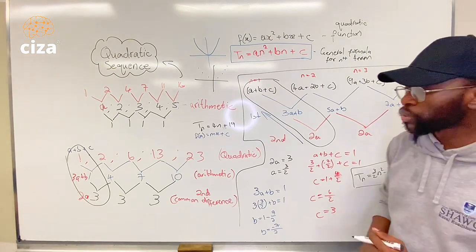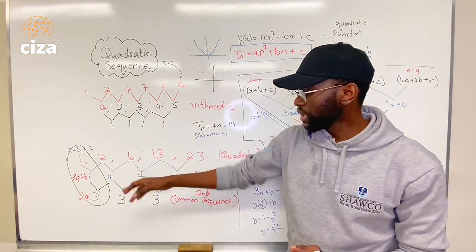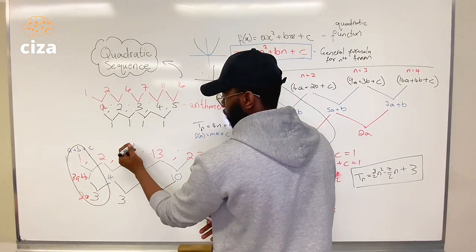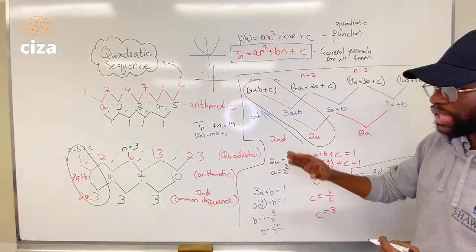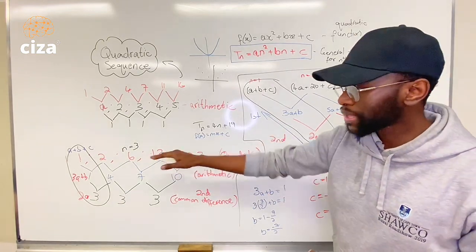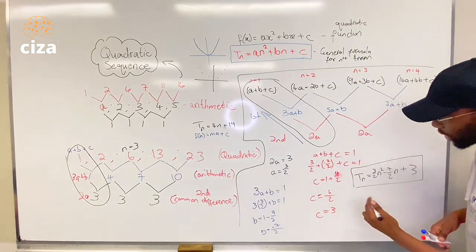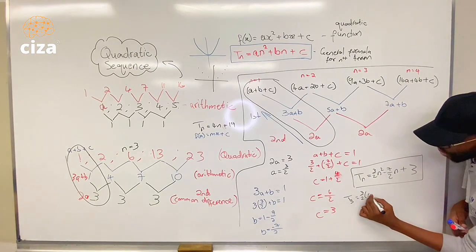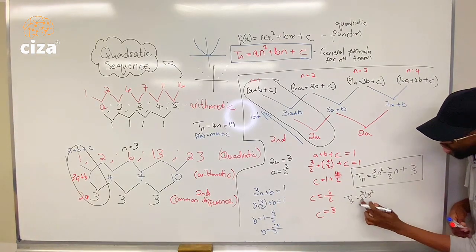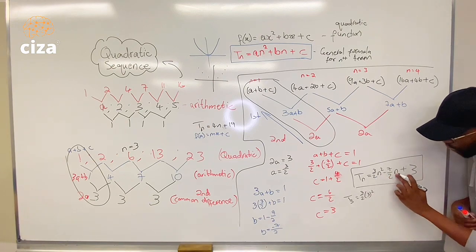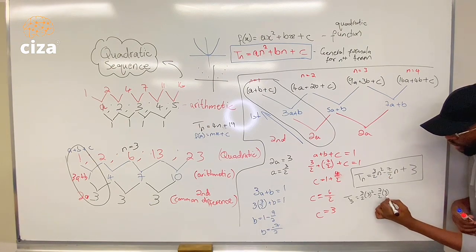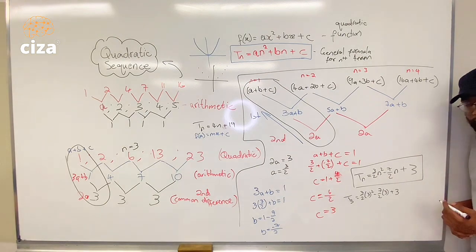Let's just test it quickly and see if we can find term number 3. n is 3. Remember, n is the position in the sequence. So T3 would be 3 over 2 times 3 squared, substitute 3 in every position of n, minus 7 over 2 times 3, plus 3.